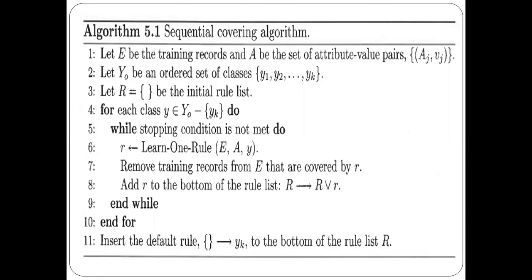So first it will be generating the rules for the class birds. For generating one rule at a time, we are using a function that is called learn one rule.